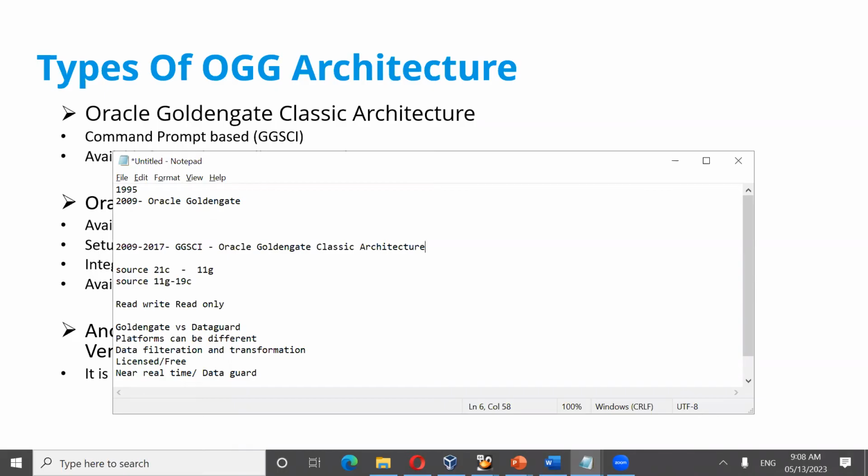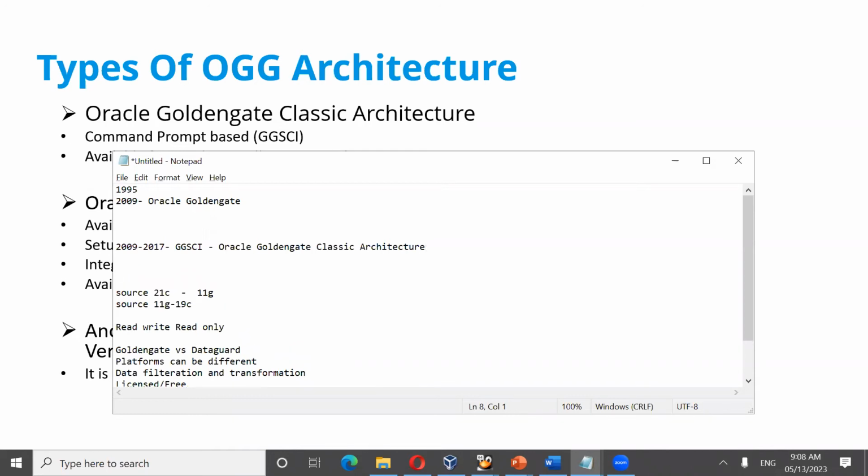And they launched a new architecture of GoldenGate, which is called Oracle GoldenGate Microservices Architecture. So microservices architecture was introduced in 2017 and is available from GoldenGate version 12.3 onwards.